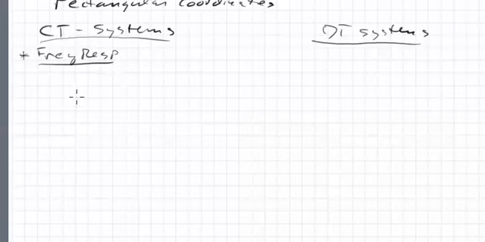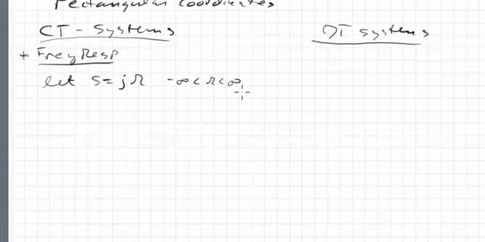To get frequency response in continuous time systems, we let s equal j omega, where omega goes from minus infinity to infinity. For discrete time systems, we let z equal e^(j omega).